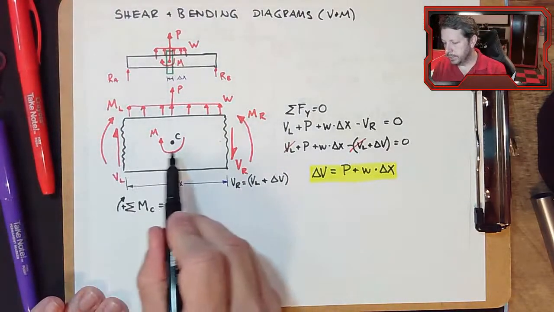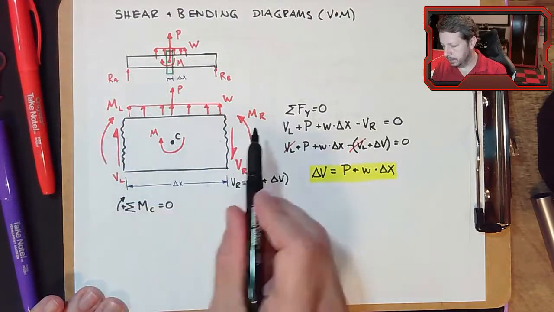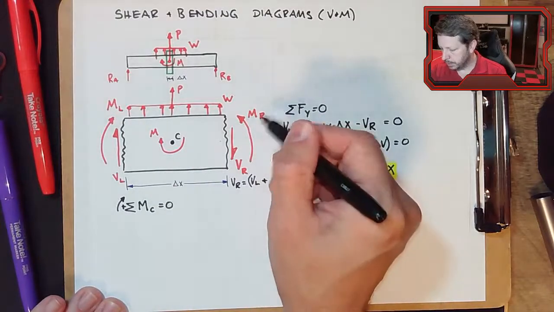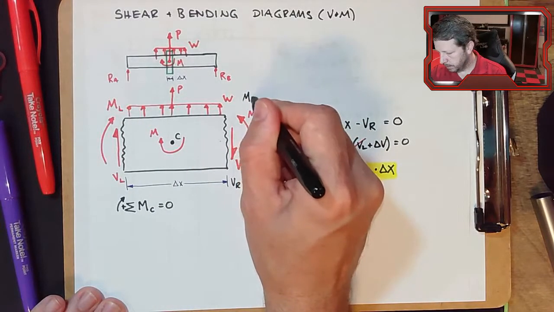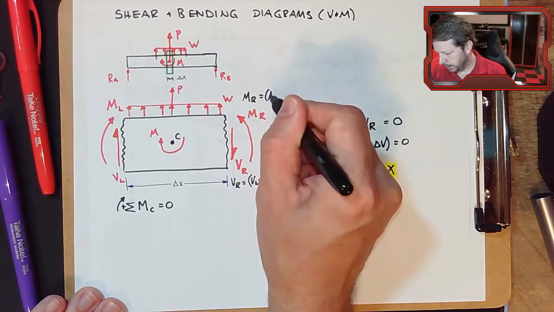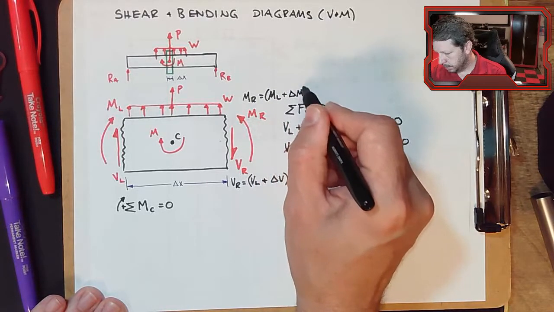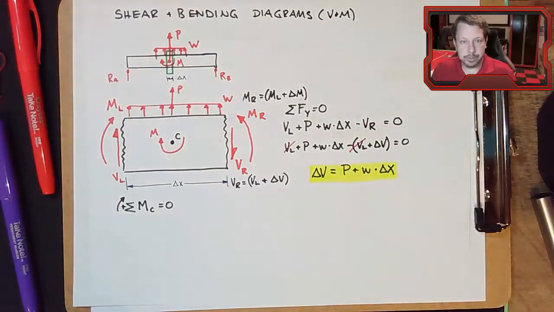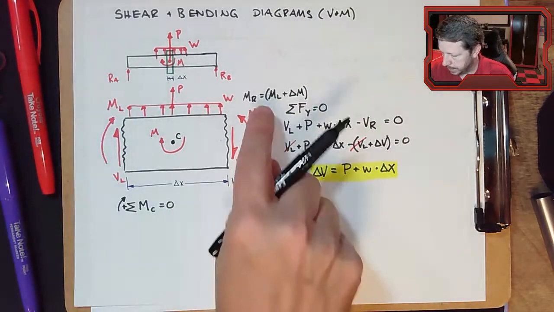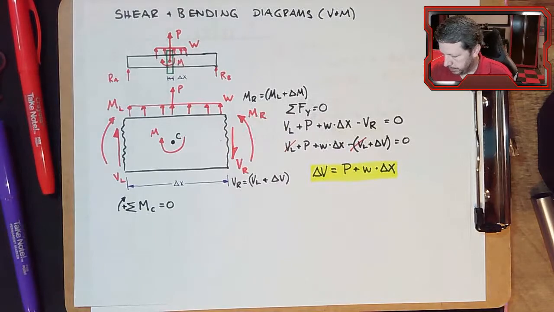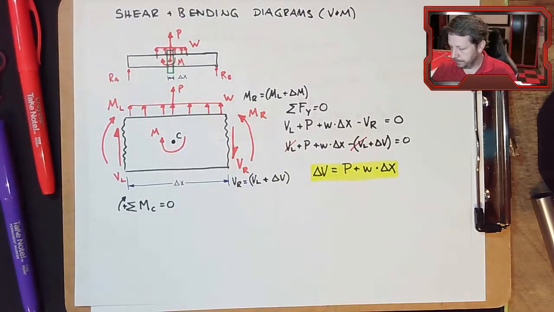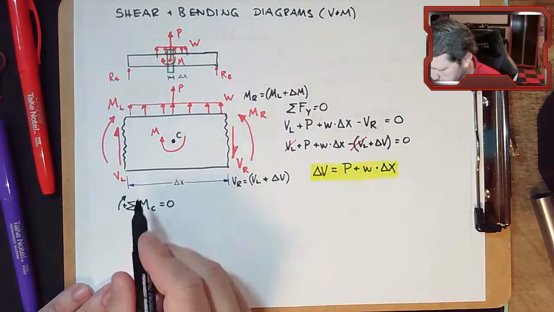So there's several that are just moments on here, right? ML, MR. We're going to do a similar thing where MR equals the moment on the left-hand side plus the change in moment, delta M. And then we've got M, the concentrated moment. So let's write all of those, and they're just either plus or minus.